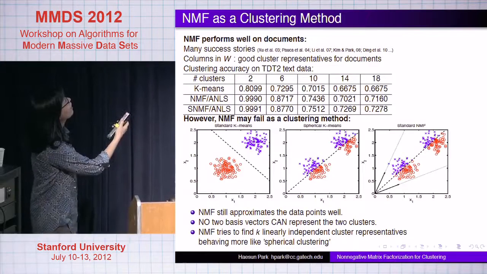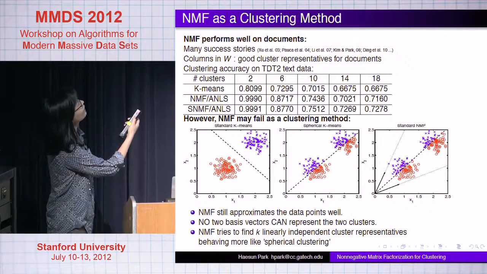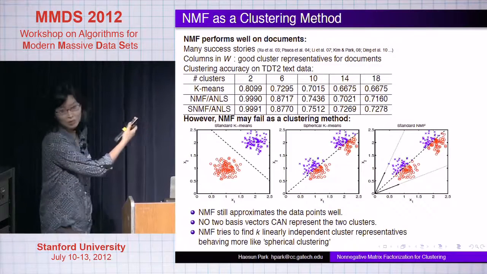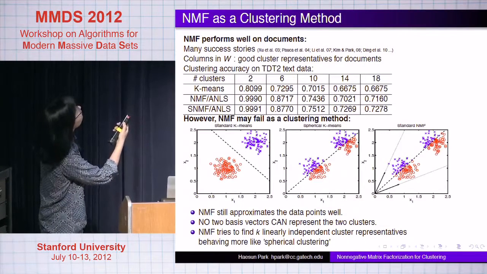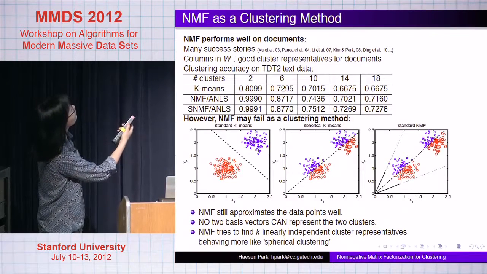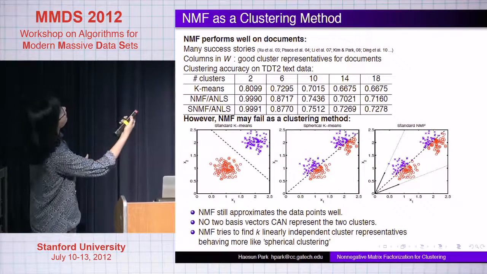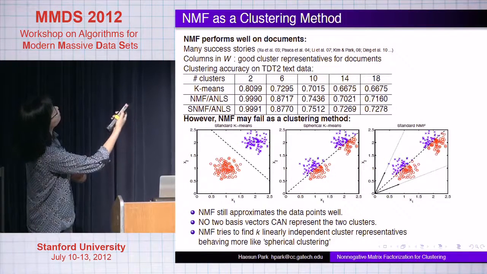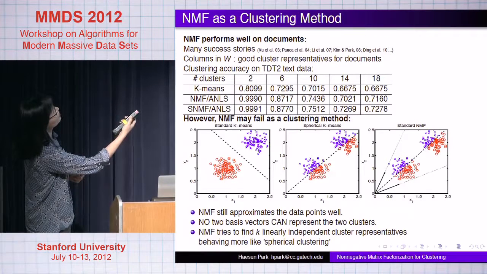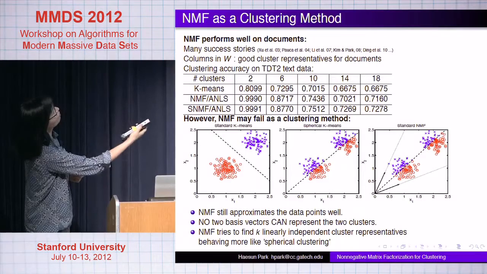Okay. So according to many papers, it has been shown that NMF performs well on documents. So what is so special about documents? In case of documents, the columns of these new basis vectors are good cluster representatives for documents. And we also did some implementation. So this is TDT2 text data, and these are the number of clusters.